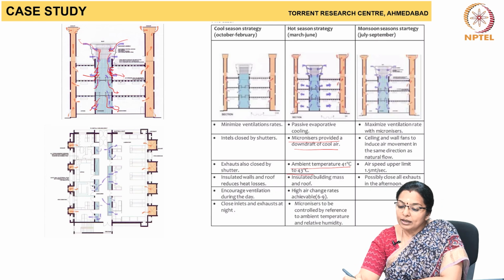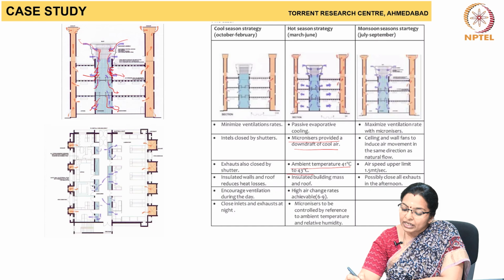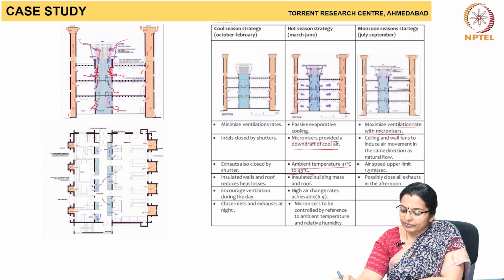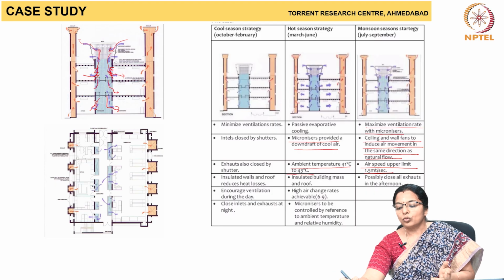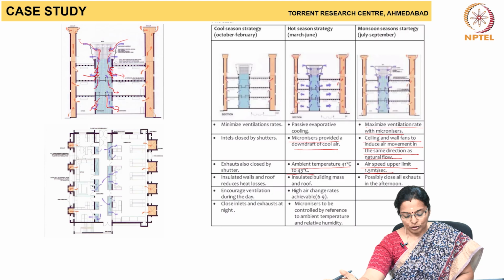Then during the monsoon season between July and September, there is maximum ventilation rate with micronizers. So ceiling and wall fans are used to induce air movement in the same direction as natural flow. So the air speed upper limit is about 1.5 meters per second. By noon, all the exhaust gets closed in the monsoon season.